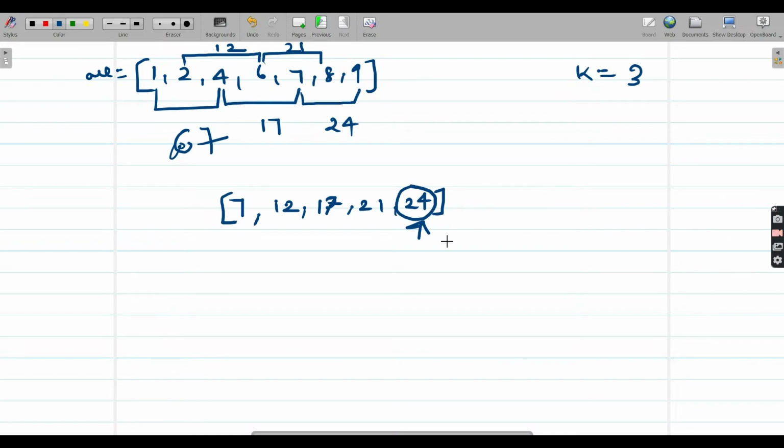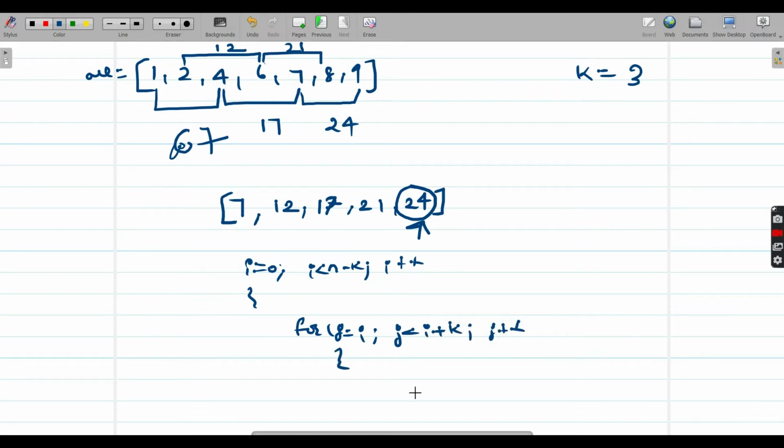If you look at this problem, generally first we take an outer loop: for i equals 0, i less than n minus k, i plus plus. Inside that we take an inner loop: for j equal to i, j less than i plus k, j plus plus. We do the sum from i to less than i plus k, and after this we take the max.